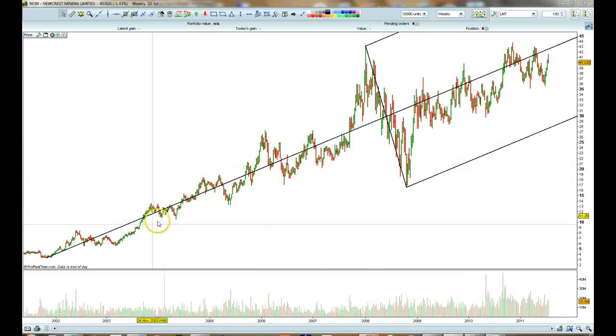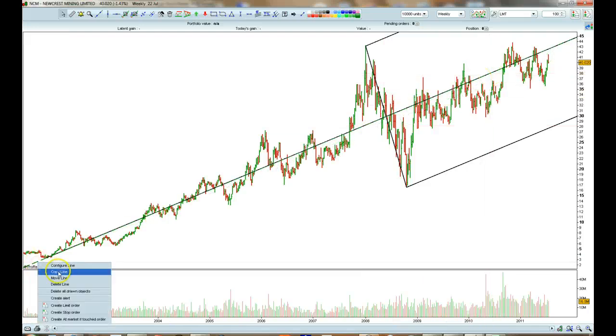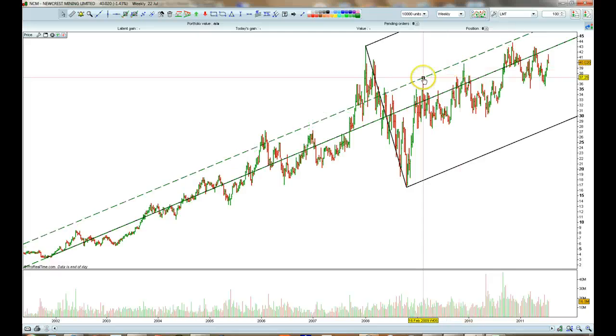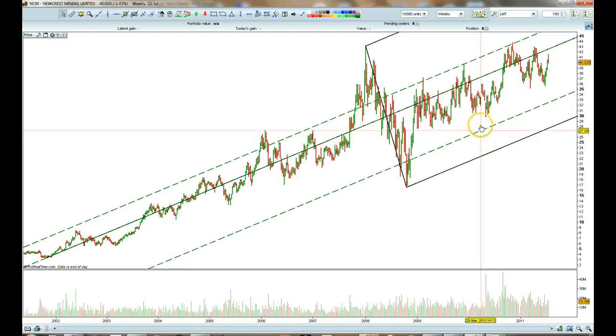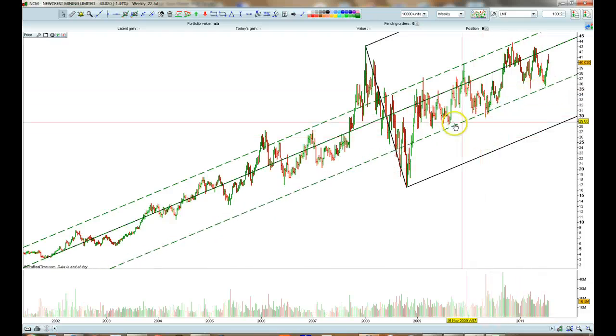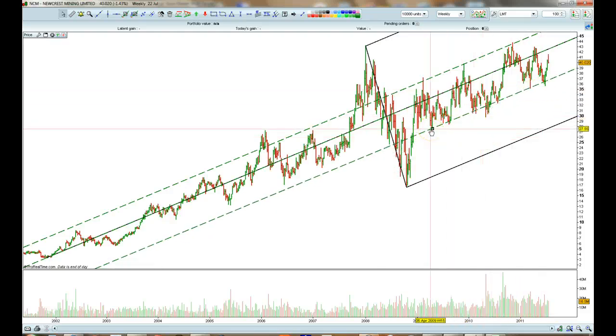This is Newcrest Mining. I've just drawn an uptrending pitchfork on there. So as you can see, we are in a longer term uptrend, and it looks like we might have a little channel there on the parallels of the pitchfork, so that looks like one around there, and probably one around there.